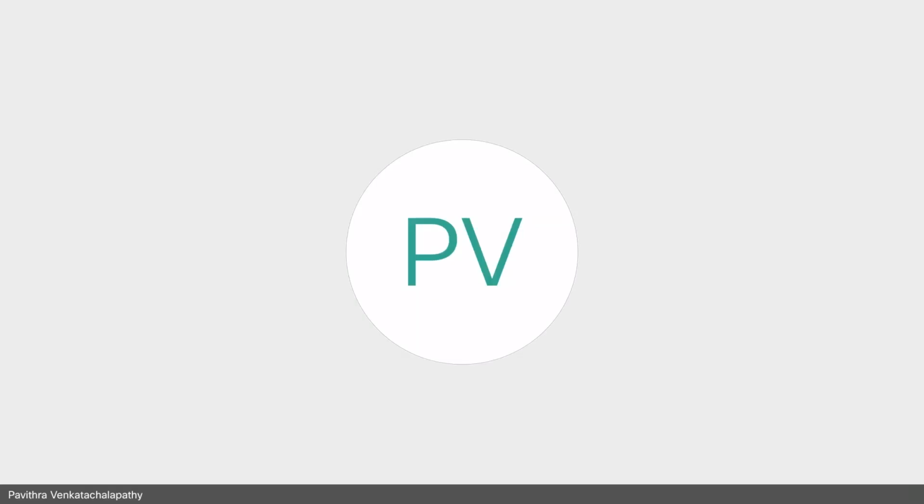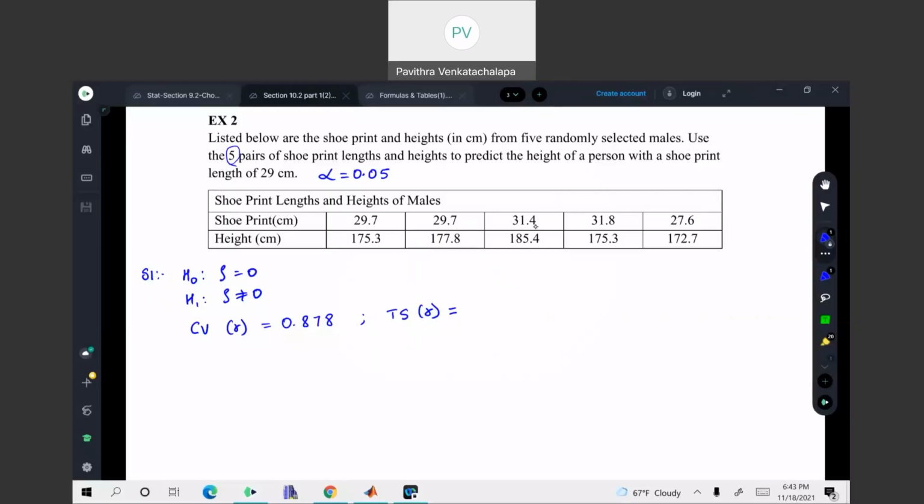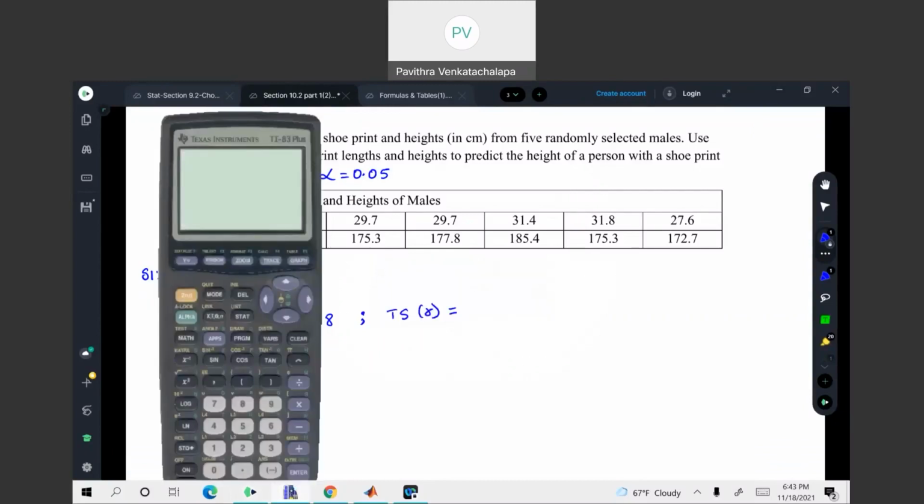So we found the critical value of R using the table, and next we need to find R using the statistic, and we use a calculator for this. You have to follow the steps which I do now.